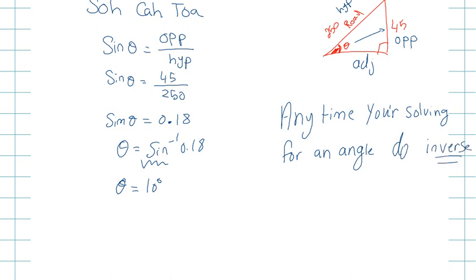And this is exactly how you should write it. You should write the name of the angle equals the inverse of whatever ratio you're using.